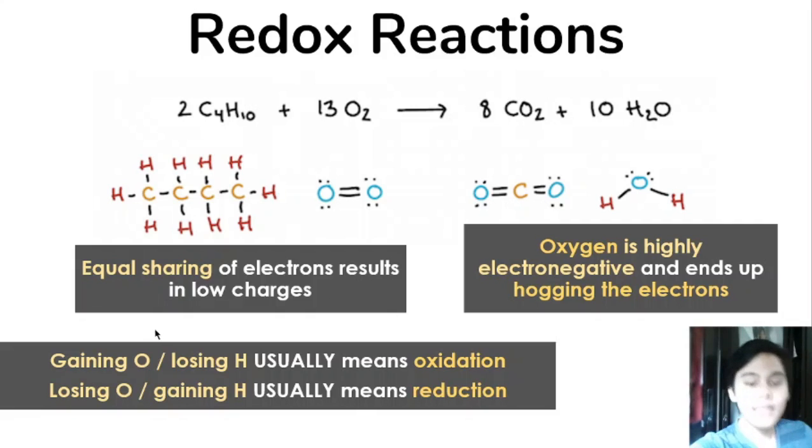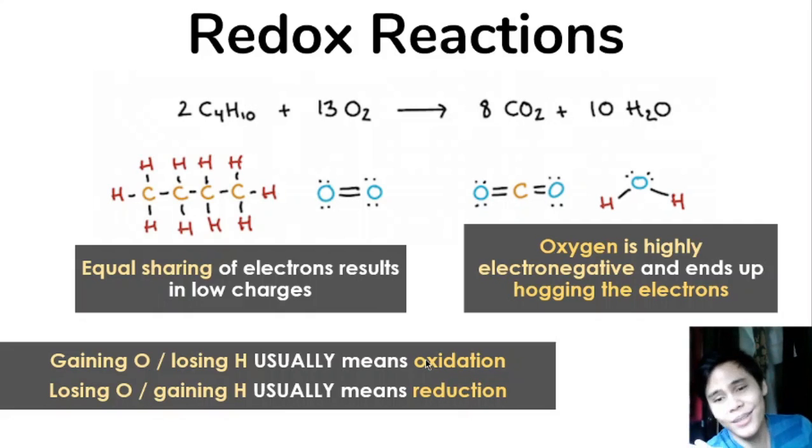So gaining an oxygen atom in your reaction or losing hydrogen atoms usually means oxidation. Usually it means that molecule was oxidized. That's why it's called oxidation, because of the addition of an oxygen that hogs the electrons. Because it hogged the electrons, the molecule itself lost electrons.